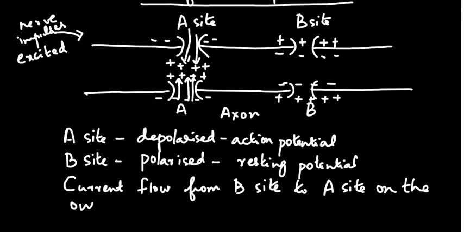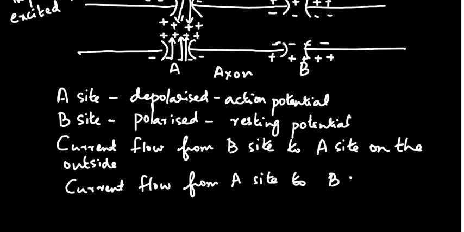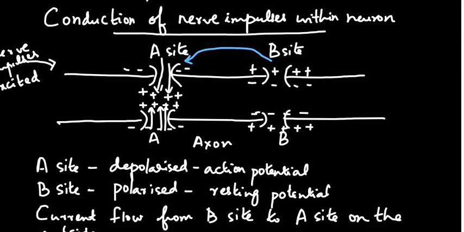The current will flow from the B site to the A site on the outside of the membrane, that is from positive to negative, and the current will flow from the A site to the B site in the inside part of the axon.